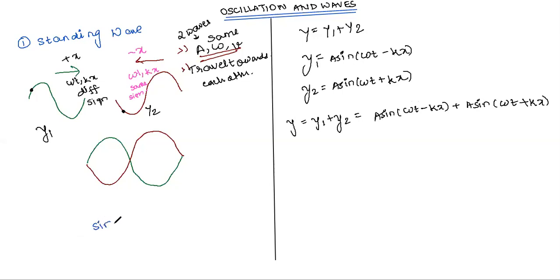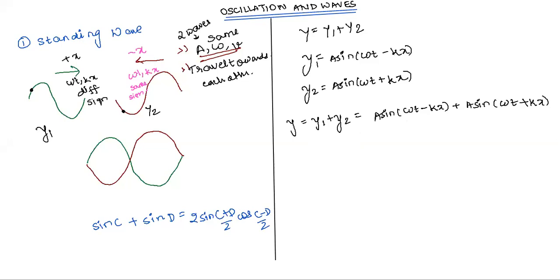Okay, so we had learned one formula and we had revised it, sine c plus sine d, which is given as 2 sine half sum, that is sine c plus d by 2 into cos c minus d by 2. So let us continue with this. We'll apply this formula here.